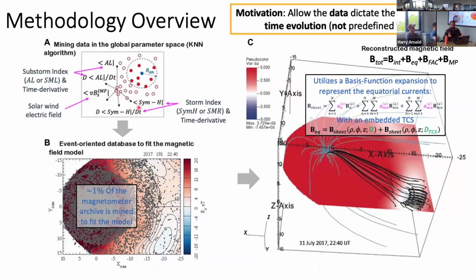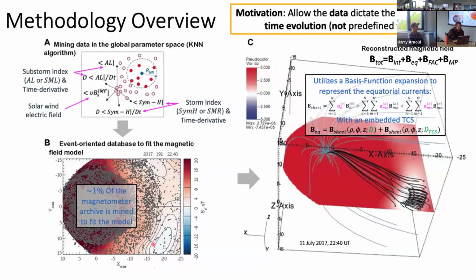And then for a given instant in time that they're interested in, they take about the 30,000 closest points in this 5-dimensional state space, and they fit their magnetic field model to it, which is described here. And then they get magnetic fields at every point in the magnetosphere.